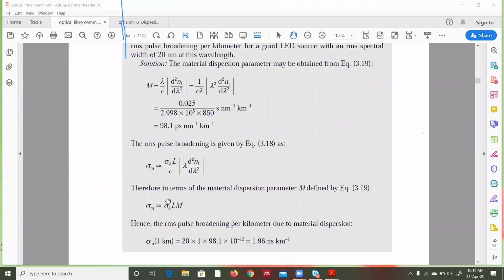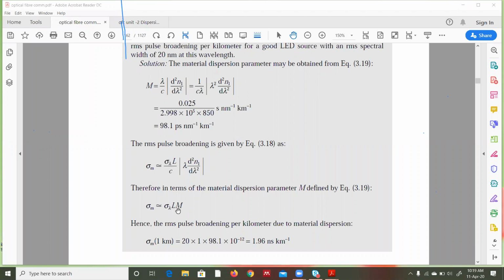But we have the other expression, how the RMS pulse broadening is related to material dispersion parameter capital M, length of the fiber L, and spectral width sigma lambda. So let me take this expression because we already have the value of capital M.